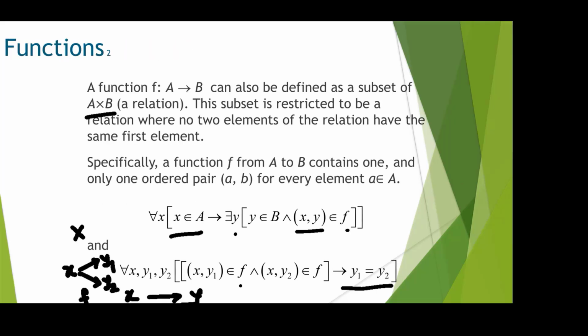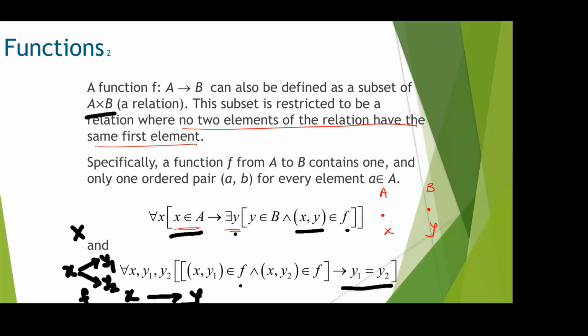So if we look at a more formal definition of a function, it says it is a subset of A Cartesian product B, restricted in such a way that no 2 elements have the same first element. In other words, whenever X is a member of A, there exists a Y from set B, where X is coming from the domain and Y is coming from the codomain.